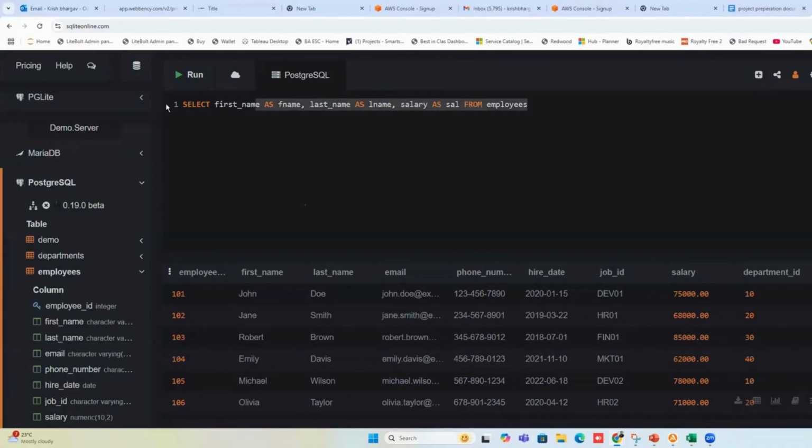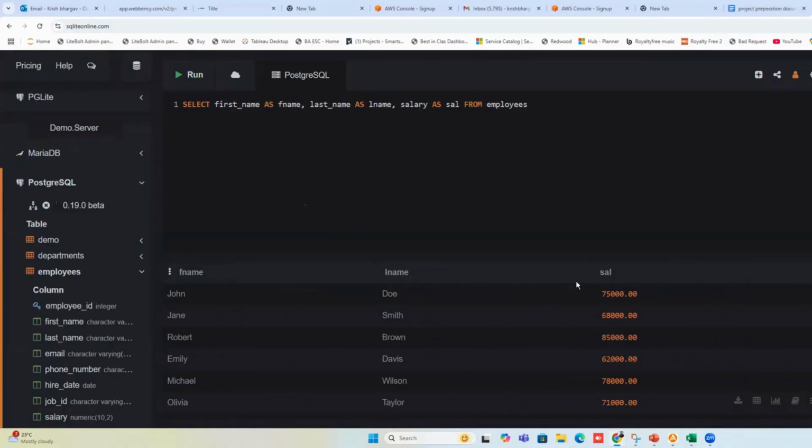Got it? So when I execute this, my first name will become F name, L name, and salary. Now you just have to remember that this is not changing in your database. It is only showing this in your result. It is not a permanent change to your database.